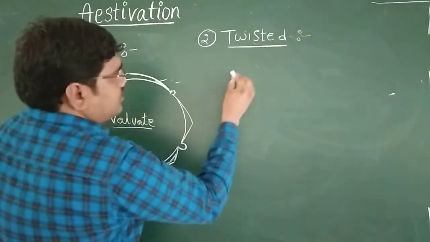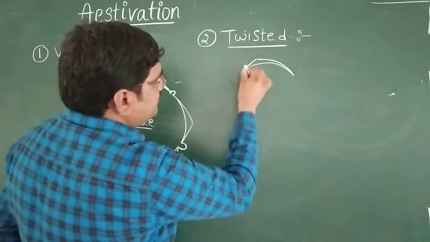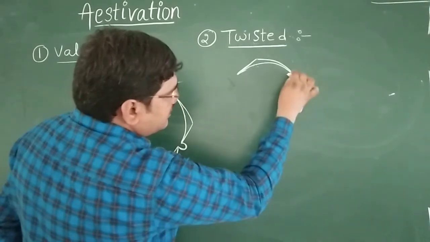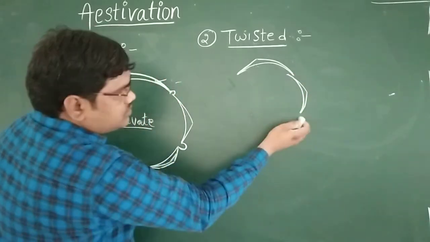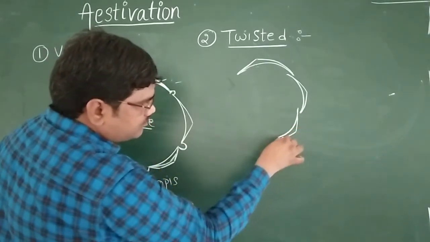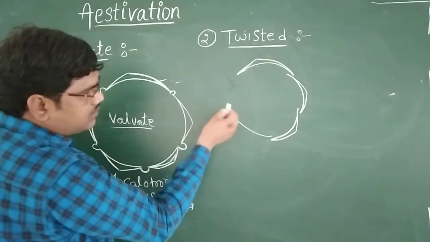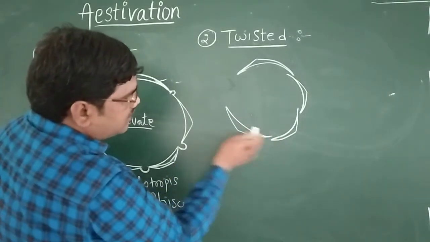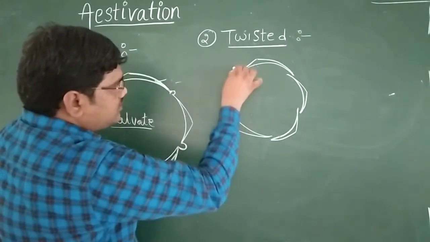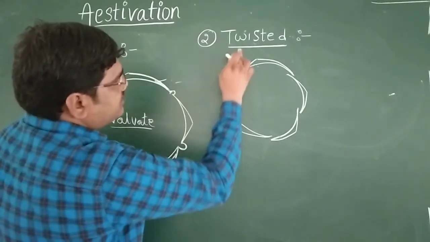Here this is one petal, and this petal is overlapping the next petal, and so on. This type of estivation is called twisted estivation.